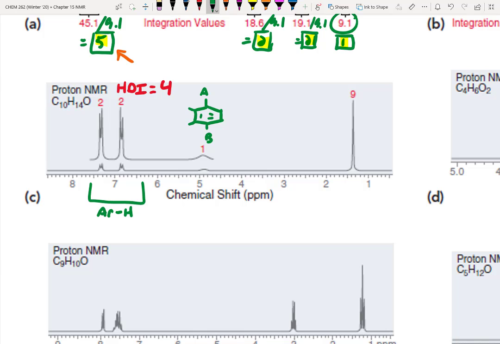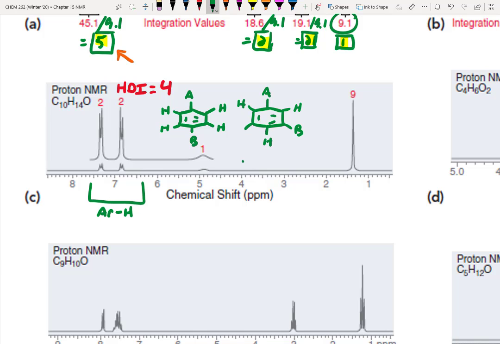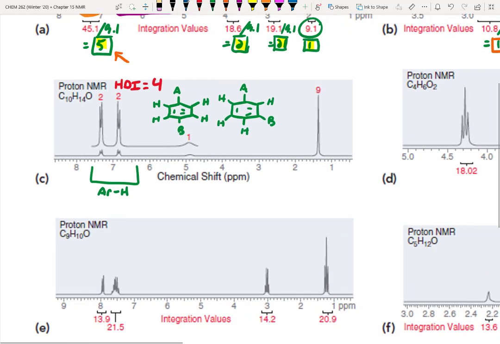So maybe it's like this, where we have 2 protons like that. That's one option. I'm going to slide this over. Or maybe it's like that. That still has 4 protons coming off an aromatic ring, right? Or, let's do one more.